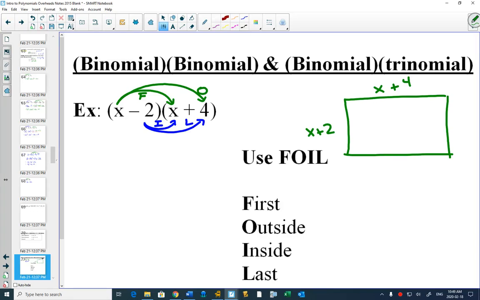If you split up your x plus 4 as an x and then 1, 2, 3, 4, and here an x and then 1, 2, it's still the same rectangle, but you can break it up into different sections. Maybe I'll draw straight lines, easier to see.